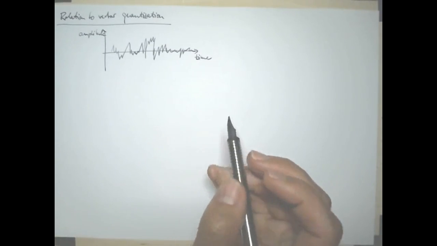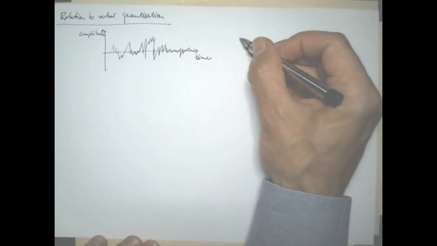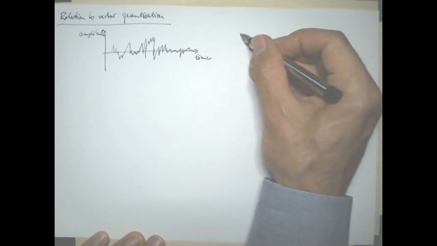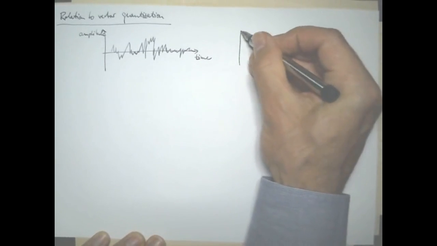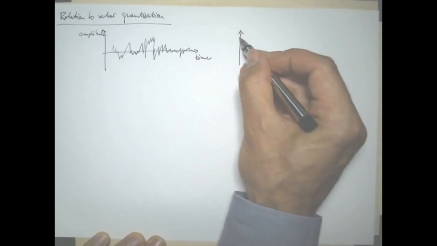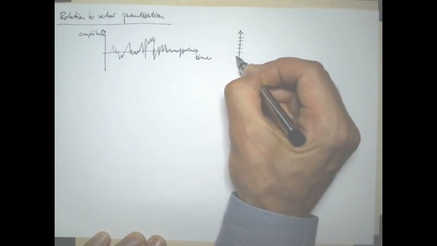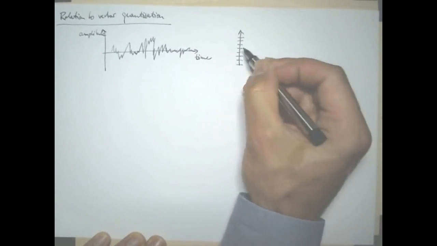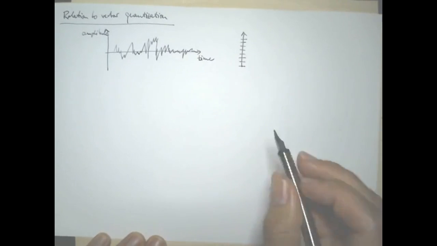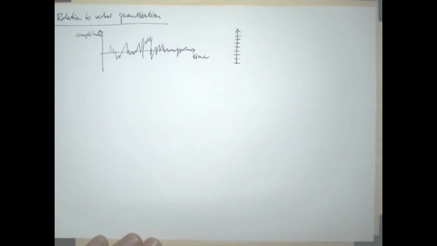And the simplest approximation would be to simply partition the amplitude into equispaced bins, like we did for the histogram, and then transmit the index of the bin number.